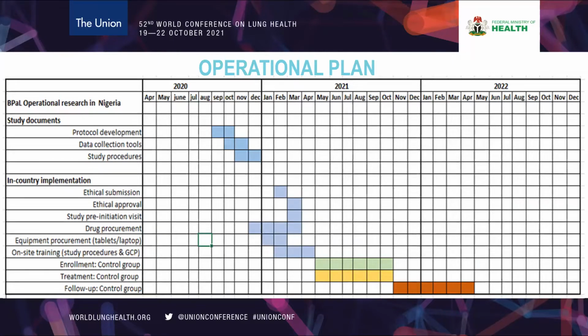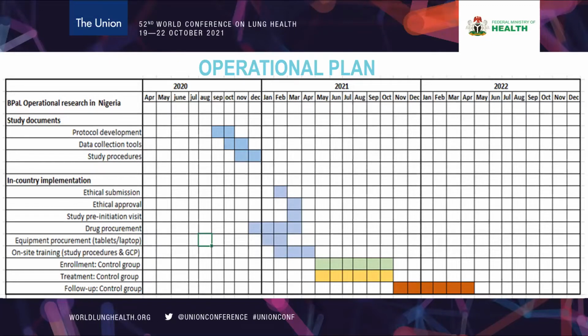The protocol was developed and approved by the ethical review board, and we did some pre-initiation visits to sites that were selected. We selected some sites based on certain criteria where we think this research will take place. There were issues of drug procurement, which was supported by Global Fund through the Global Drug Facility. All these processes were built into the operational plan, which was very essential to make sure that the research was a success.